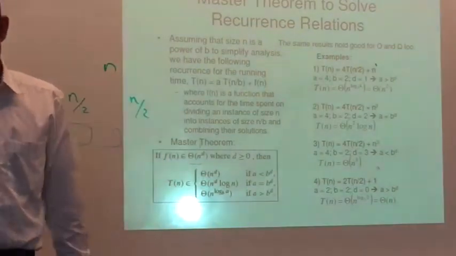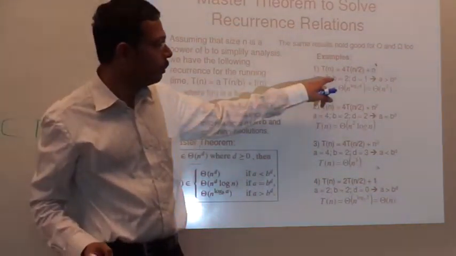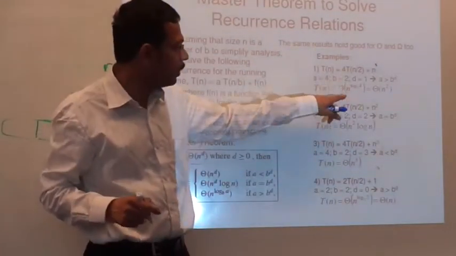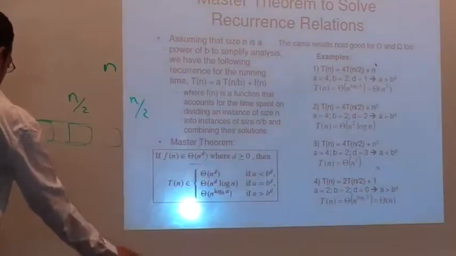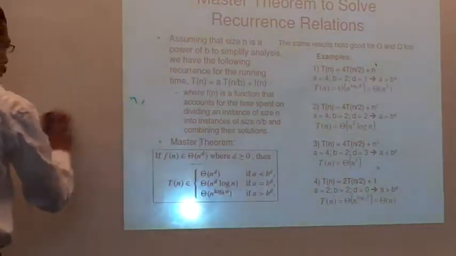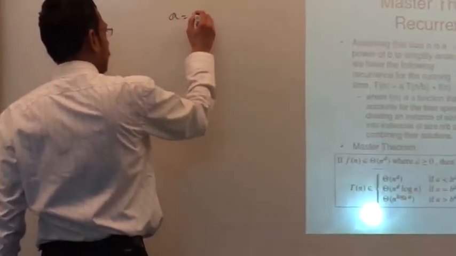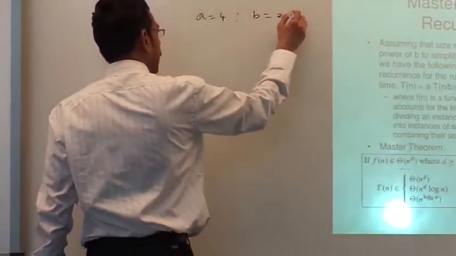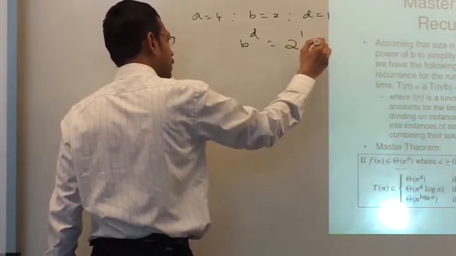So d is 1. After you locate your a, b and d, find b raised to d. b raised to d is 2 to the 1, which is 2.